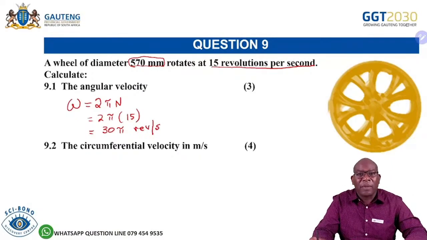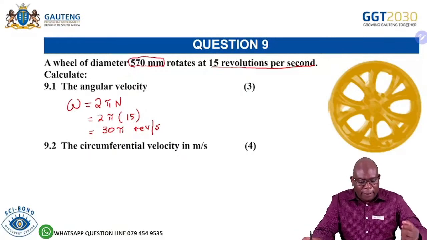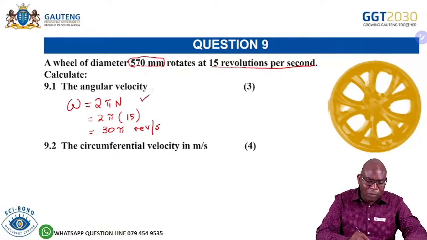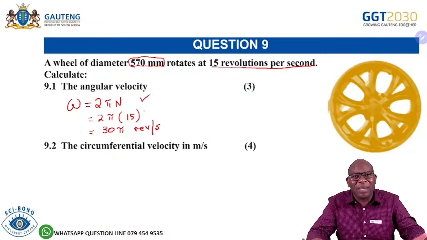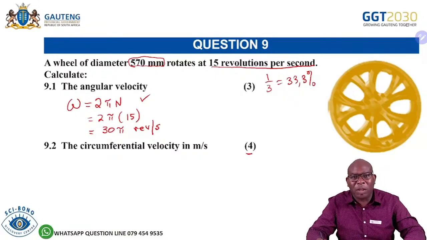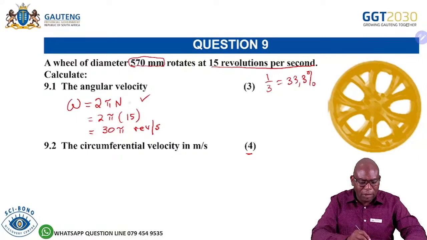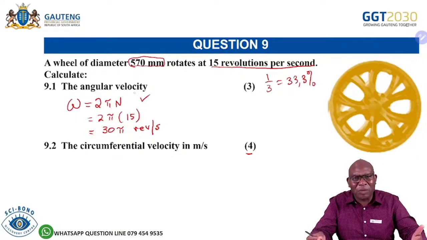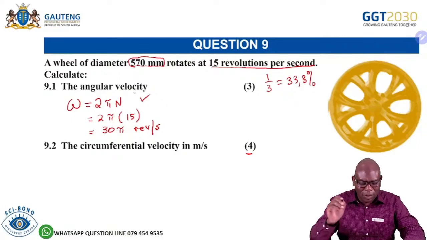So now the angular velocity is done. 3 marks: 1 mark for the formula, which is there in the formula sheet. So even if I write the formula only, I'll get 1 out of 3, which is 33.3%. But if I write down the formula, I've passed. So we don't want to see gaps, we don't want to see empty spaces on Monday.